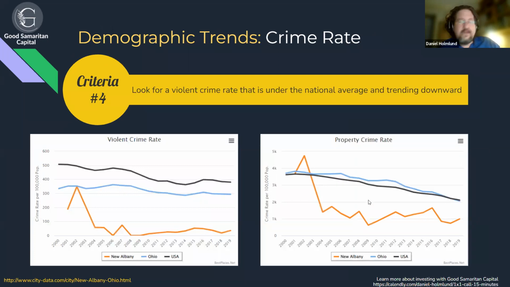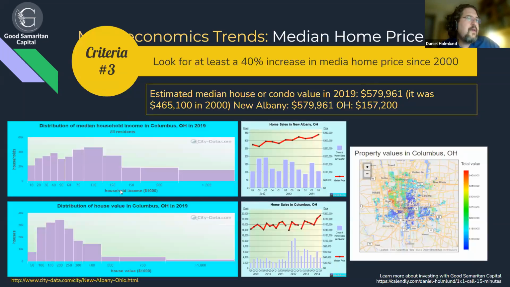The next trend, violent crime. Actually, I want to hit this over here. The median home value in New Albany in 2019 was $579,000, and in the year 2000 it was $465,000. So that is a price appreciation of 25% or so. So it's not particularly good, and in fact, it does not meet the criteria number 3 here for a 40% increase in median home value.